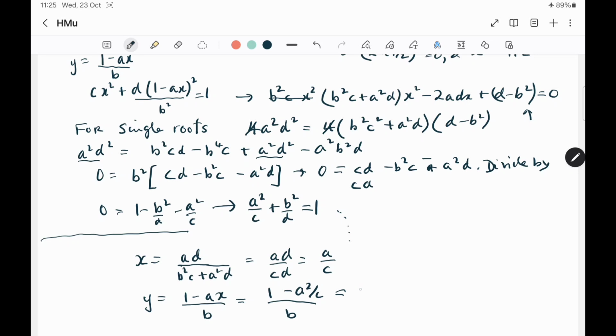So that comes to 1 minus a squared over c becomes b squared over d, all over b, which comes to b squared over d over b, which is b over d. And that completes the question. Thank you for listening, and sorry for the earlier error.